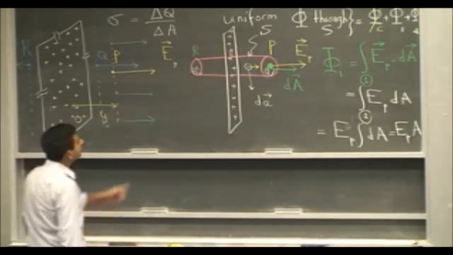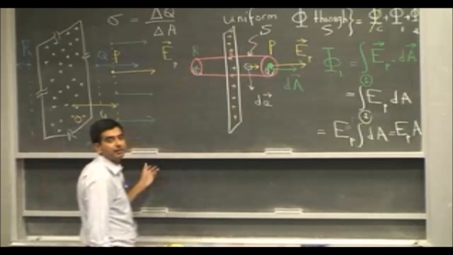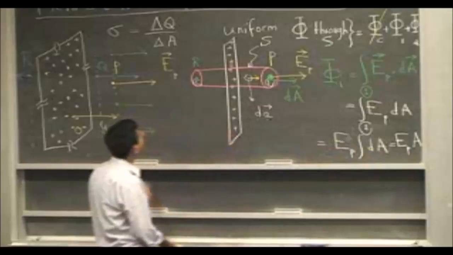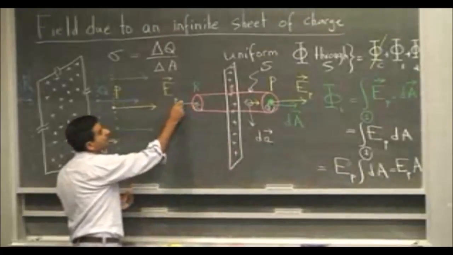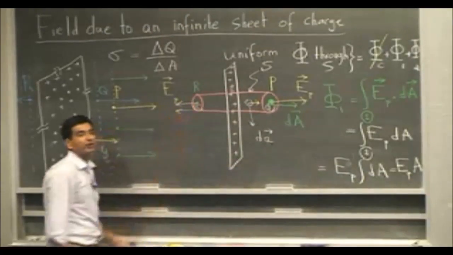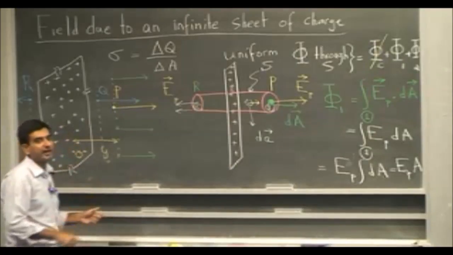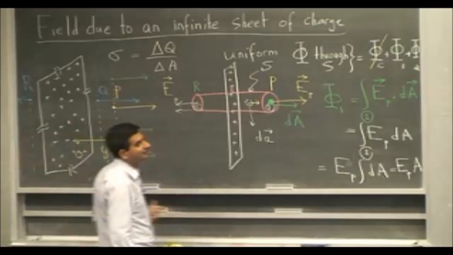Okay, so what is the flux through surface 2? The flux through surface 2 is going to be the same, because here the electric field, even though it's pointing in the opposite direction, the area vector is also pointing in the opposite direction. So the flux through this end cap is still EPA.